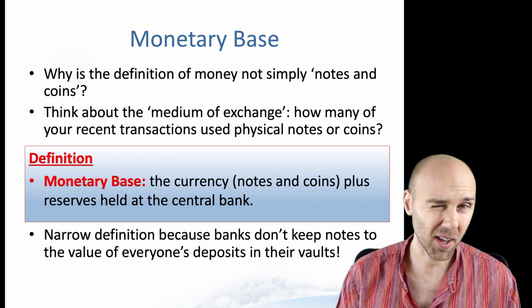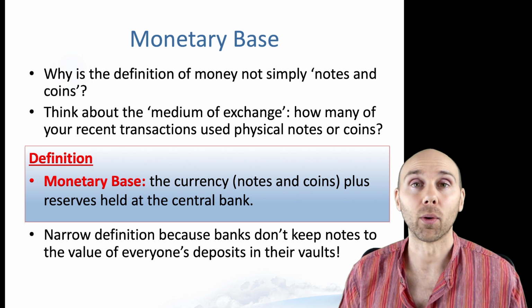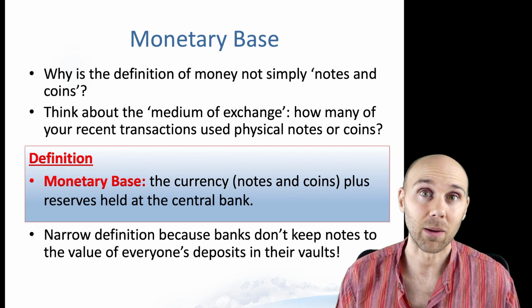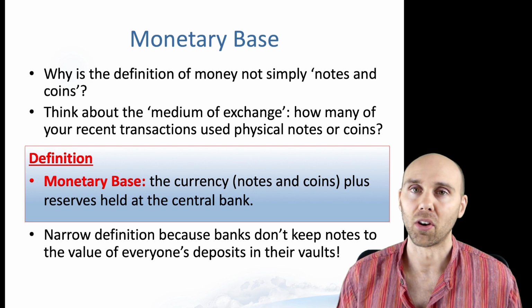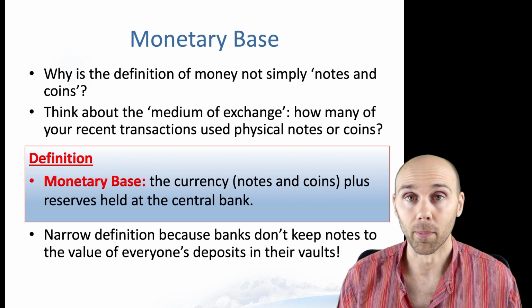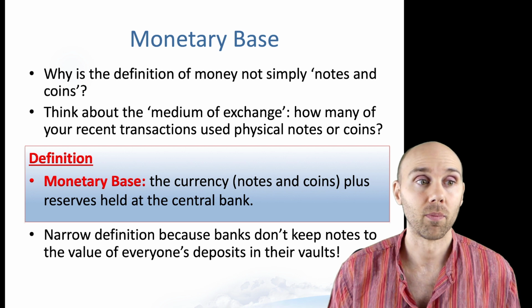Now, of course, the flip side of this is that if everybody wanted to withdraw their money at the same time, they couldn't do it. That money is not there. Now, 99% of the time, that's not a problem. But when it is a problem, it's a big problem.